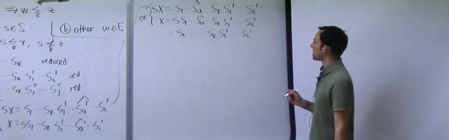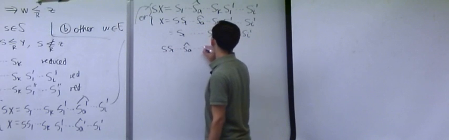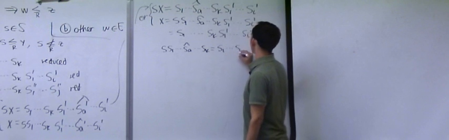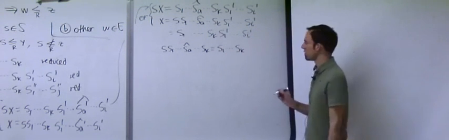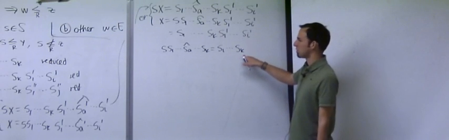Okay? And so what I will obtain is that s1 up to sa hat up to sk is equal to s1 up to sk, but s1 up to sk is z. Yeah?